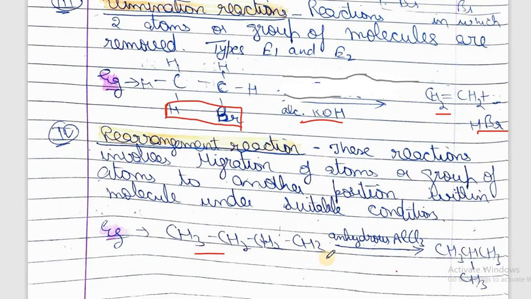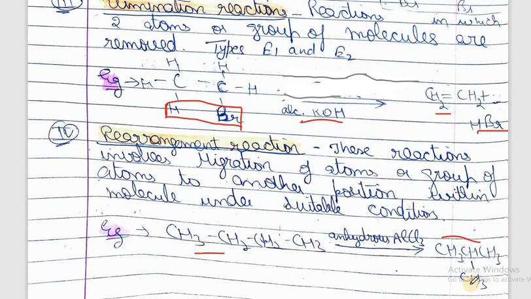That is, the chain of 4 carbons is rearranged to give a branching, with a chain of 3 carbons. So these reactions involve migration of atoms or groups of atoms to another position within the molecule under suitable conditions. This is required, that is, only under suitable conditions will the group rearrange.